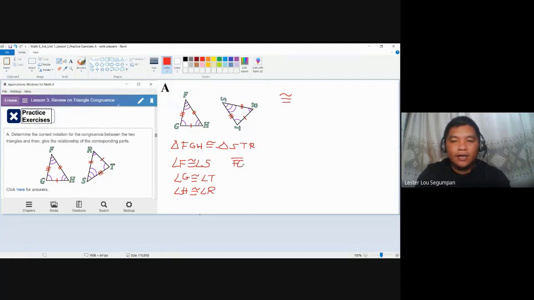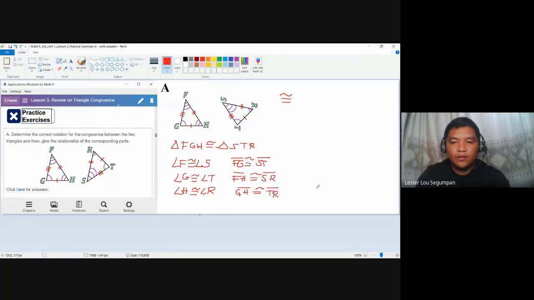Segment FG is congruent to segment ST. You may actually use TS here, because segments when the endpoints are interchanged are just the same. But let's just use ST so that we will not be confused anymore. Then you have F and H: segment FH is congruent to segment SR. And finally, segment GH is congruent to segment TR.